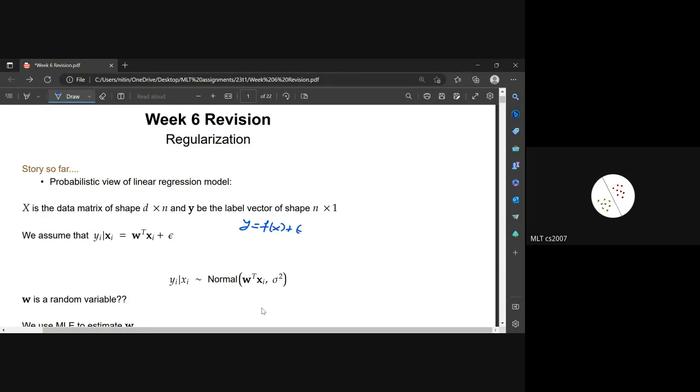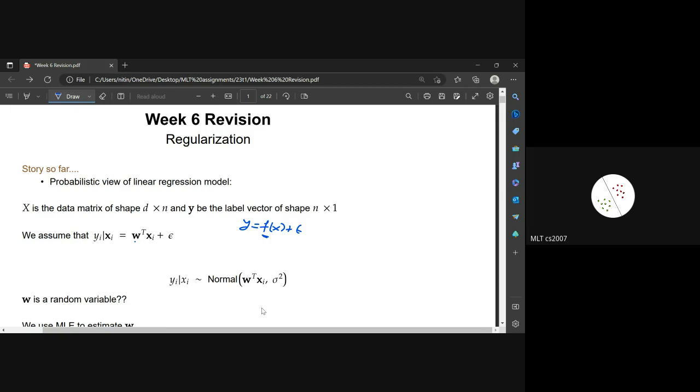Here we make the simplest assumption that the function that generates the data set is a linear function of the features. We see how the model we have learned performs on the training data set. If it doesn't perform well, then we go to higher-degree polynomials. We try to fit a 2-degree or 3-degree polynomial depending upon how they perform on the training data set. That's the simplest assumption we have seen.